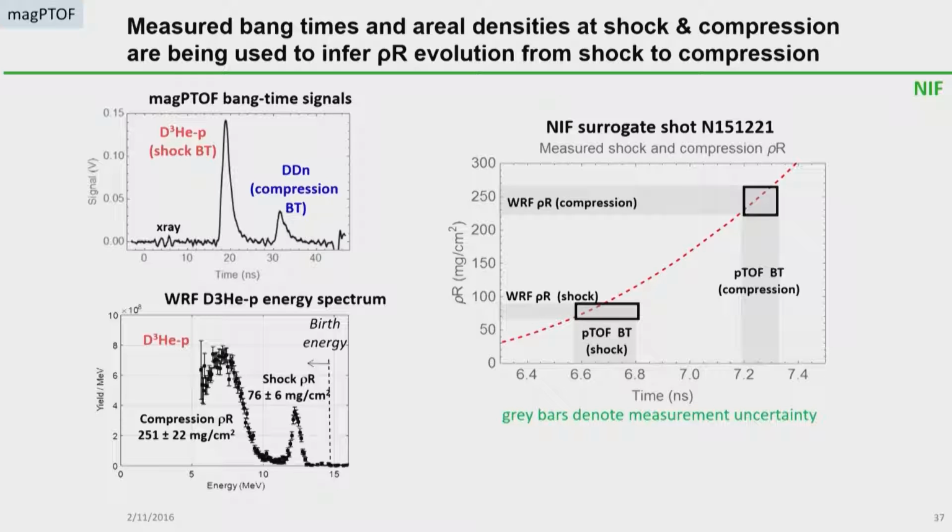This is information that we can directly compare to simulations to see whether it matches their expectation. It's one additional piece of goodies that helps us understand what the implosion is doing. And this is definitely one example where putting information from multiple diagnostics together gives you new insights that you would not have otherwise.